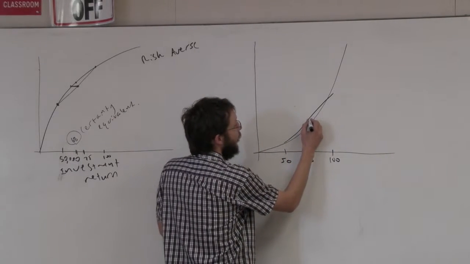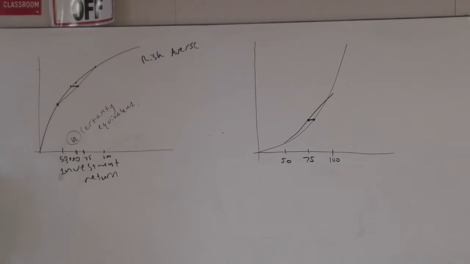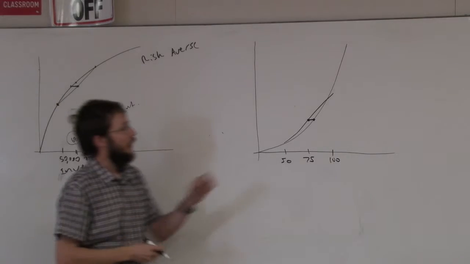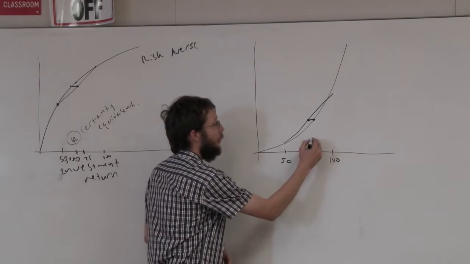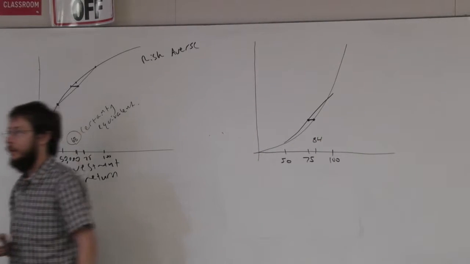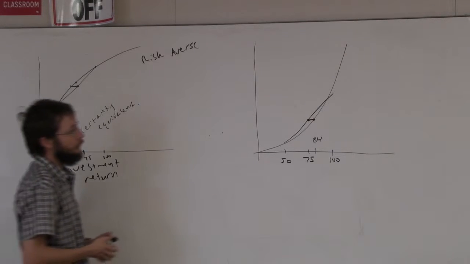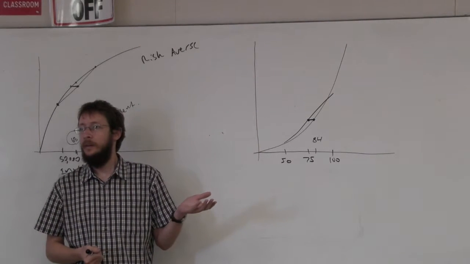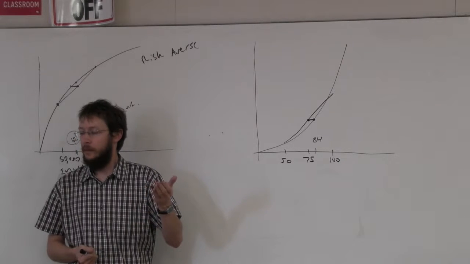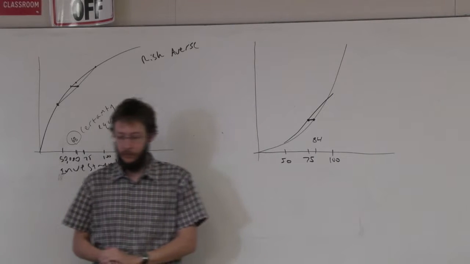And this person's certainty equivalent is actually higher, where he's making 75,000 on average, but it feels as if he's making 84 or whatever. He's getting utility, he's getting satisfaction out of the risk that's inherent in this particular investment.